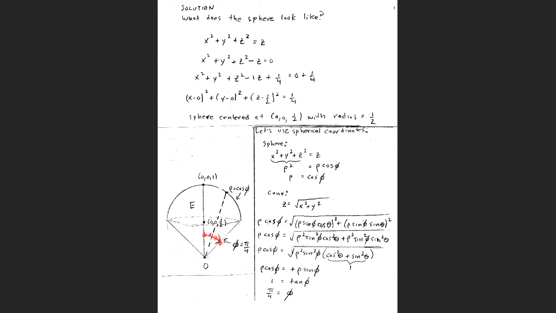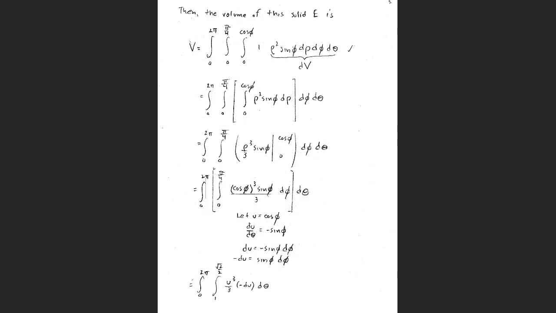Hence the limits for phi are going to go from phi equals 0 to phi equals pi over 4. And for theta, your limits are going to go from 0 to 2 pi, because that solid exists above all 4 quadrants.